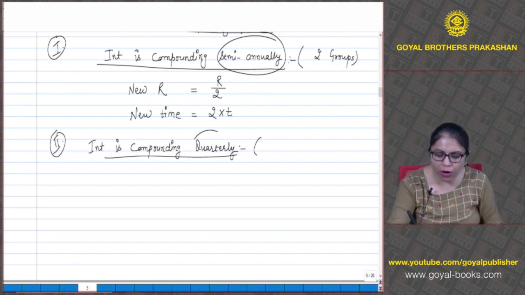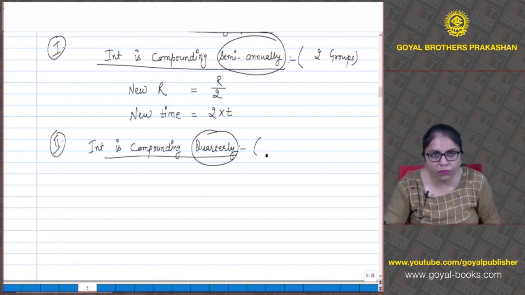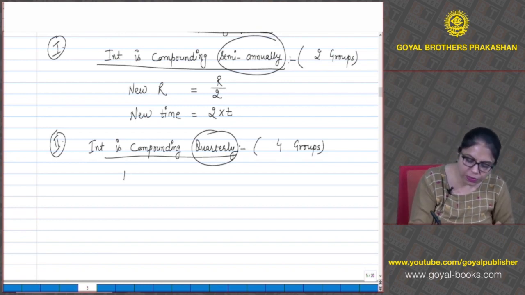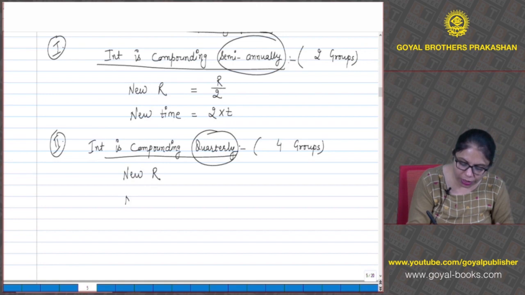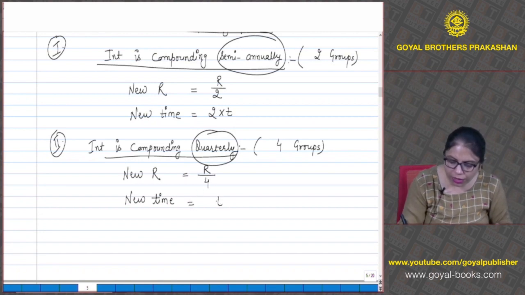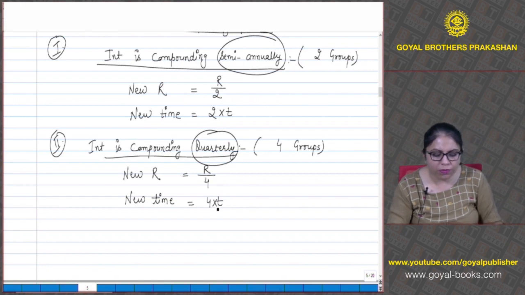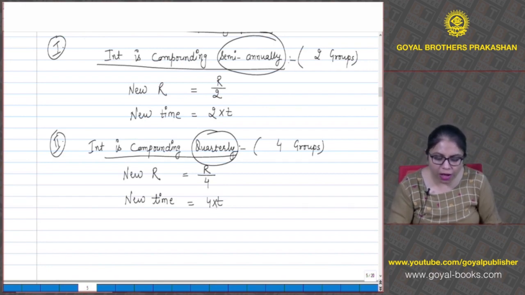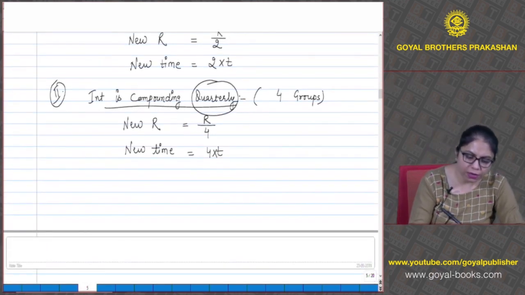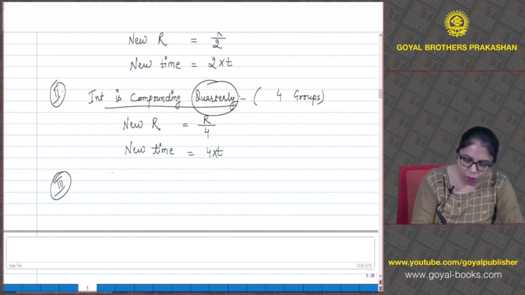Similarly, quarterly means periods of 3 months, so we have 4 groups of 3 months. Again, we will find our new rate and new time. Given rate divided by 4 and given time multiplied by 4. This is the way we can find compound interest and amount.